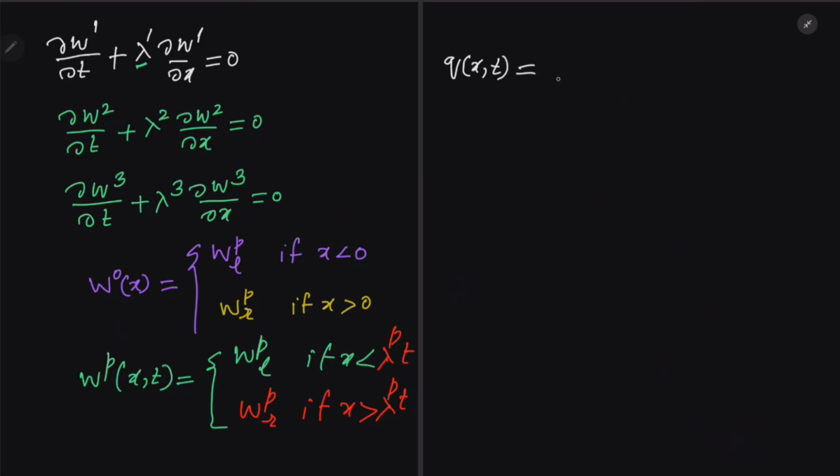Q of x, t will be equal to the sum over P equal to 1 to capital P of WP right R of P, plus the sum over P equal to capital P to M of WP left R of P. This has a solution. What is capital P?